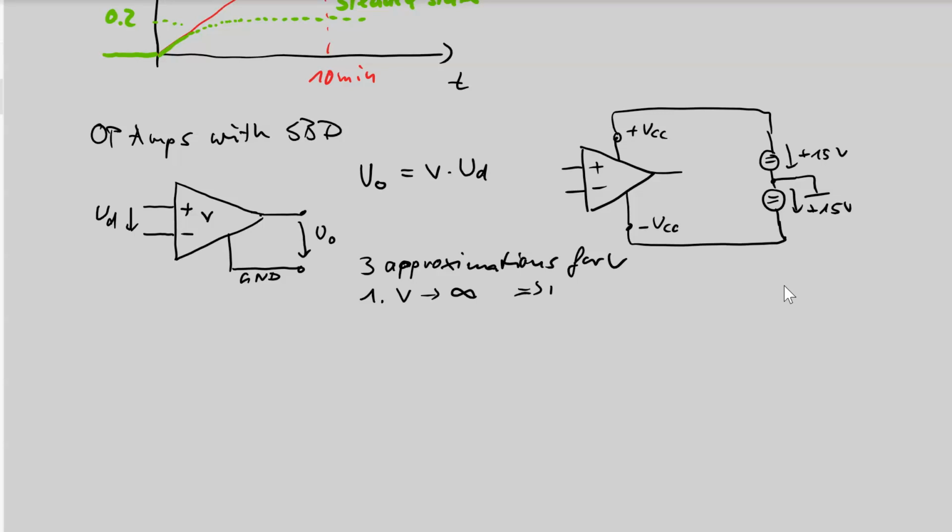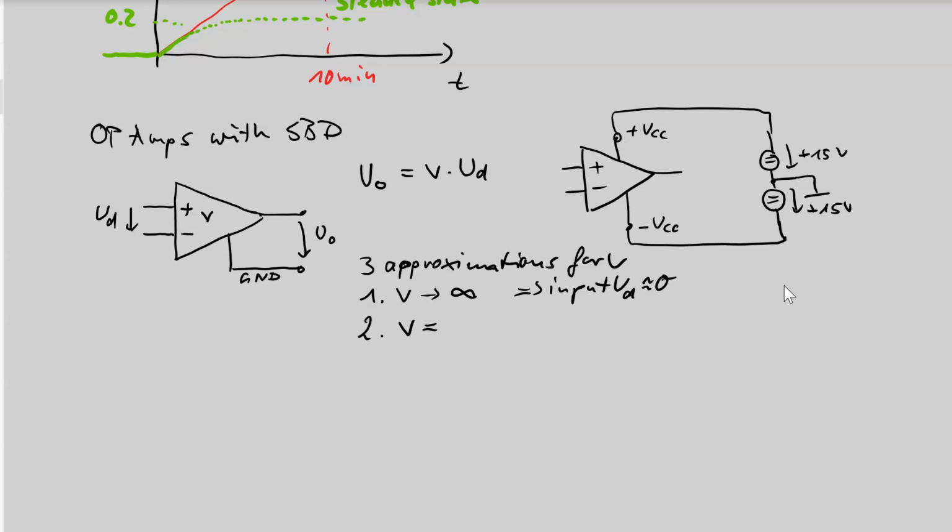So this means input UD is roundabout 0. But of course this is not always allowed, because the real voltage gain is not infinity.